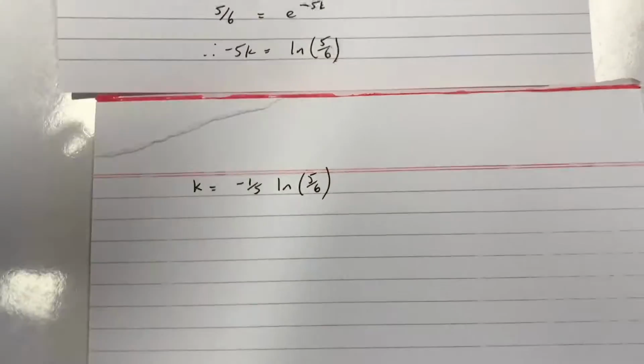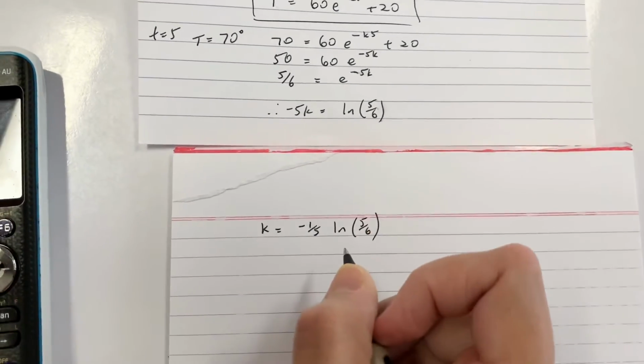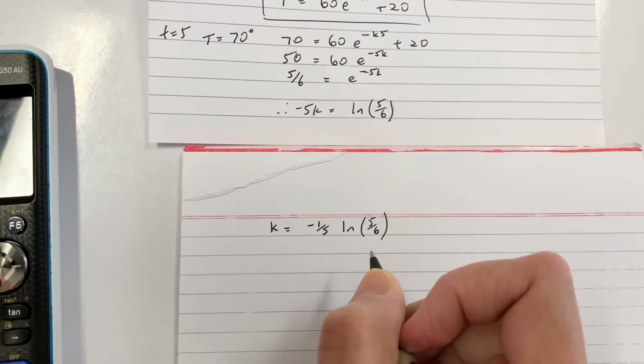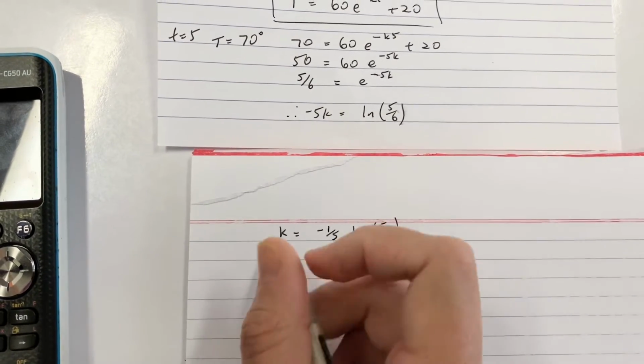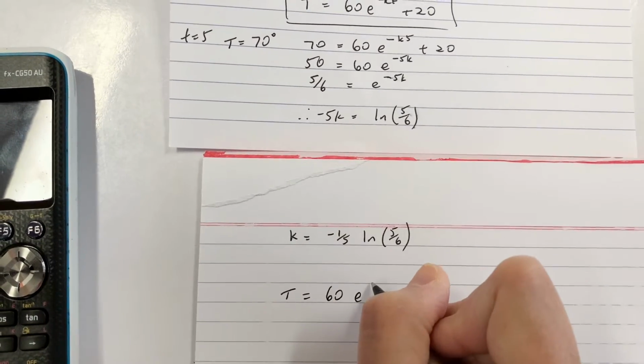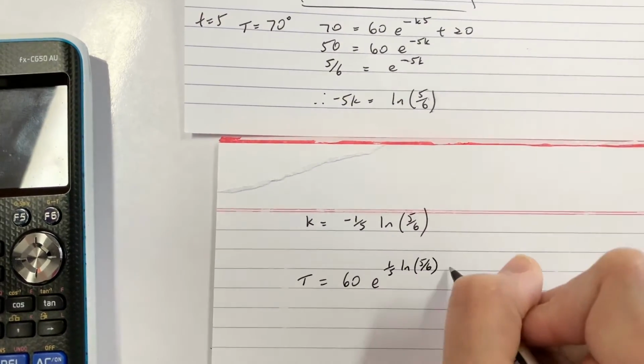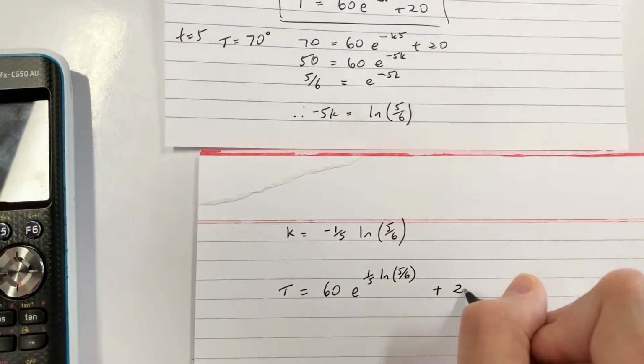Is everybody happy with that? Now we put that in, we get T equals 60 e to the 1/5 ln 5 on 6 plus 20.